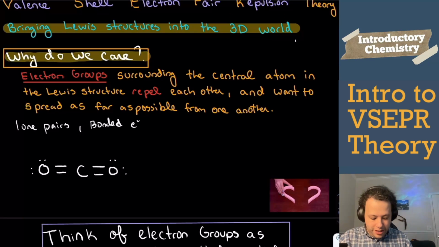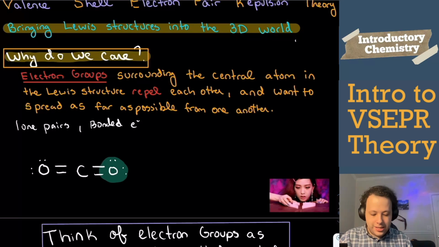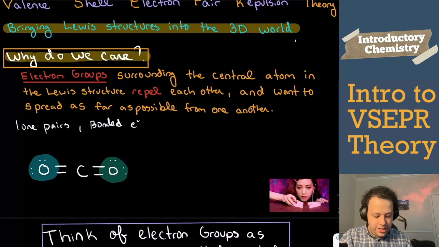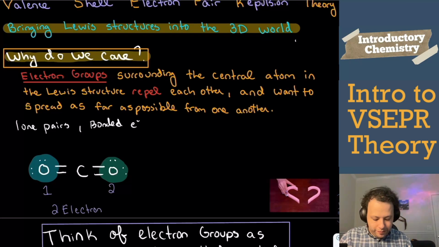We have one oxygen on the right-hand side, and one oxygen on the left-hand side. So we have one, two electron groups. This one has two electron groups.